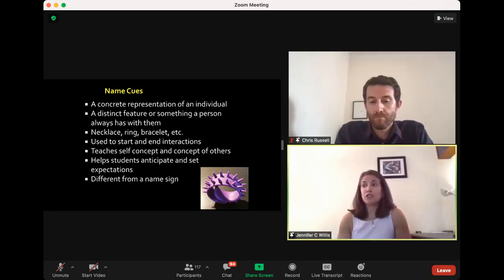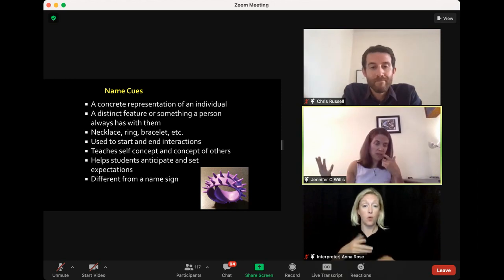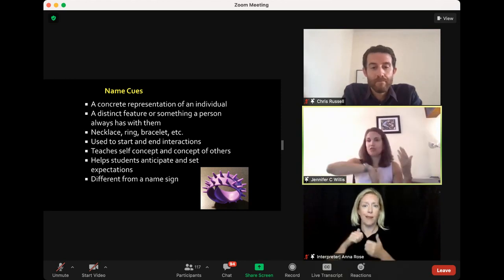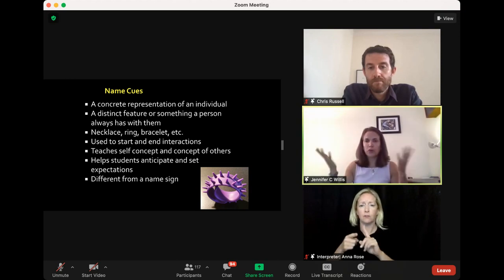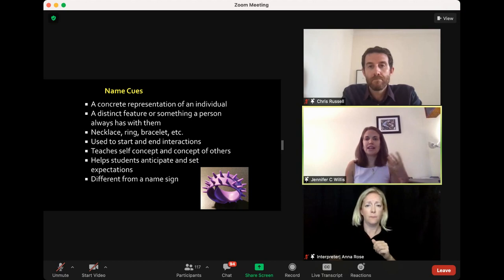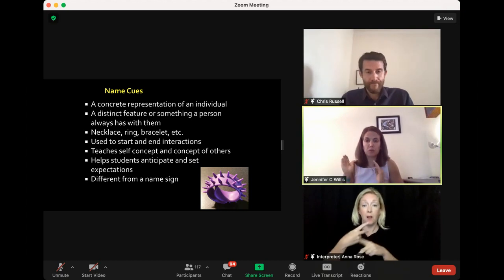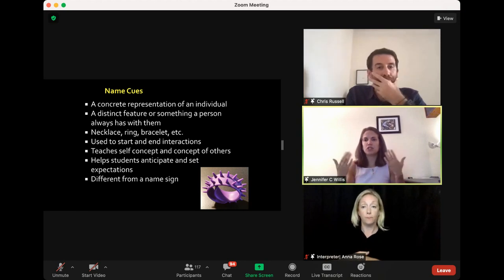So if a student has 4 different providers who are all white females with mid-length brown hair, how are they going to be able to determine their teacher from their OT, from their PT, and know who's who in different environments? So this is just a distinct way to help discriminate one person from the other, especially for our children who also have hearing loss, who are not able to discriminate one voice, the sound of someone's voice.